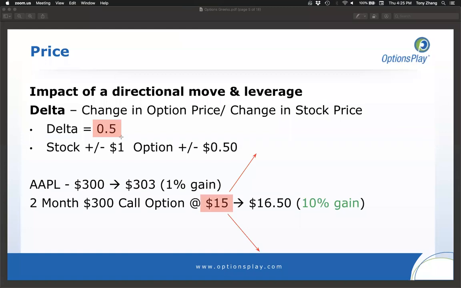When we go through the other Greeks, you're going to see that they're relatively small. There may be 0.1, 0.07, 0.02.